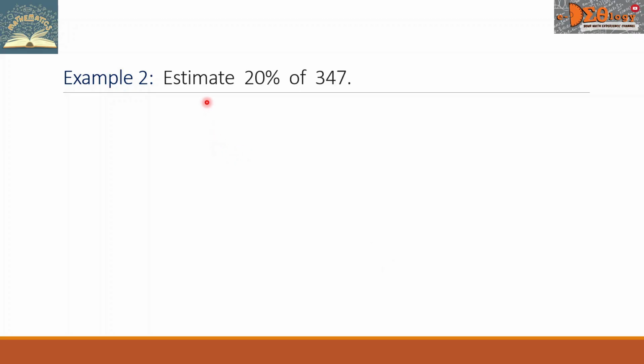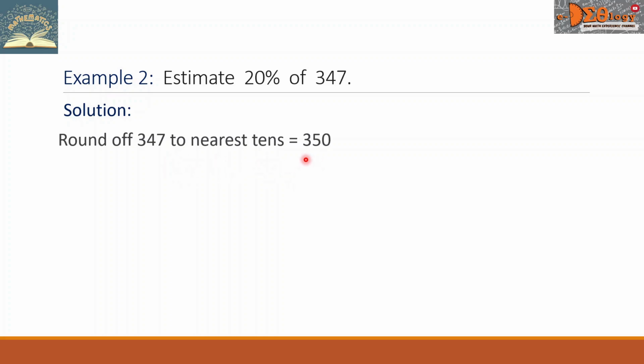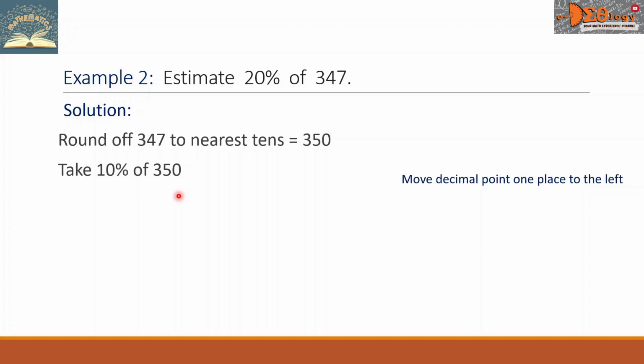Example 2. Estimate 20% of 347. We round off this 347 to the nearest tens. So we have 350. Now we take 10% of 350. We move the decimal point one place to the left. The decimal point is after 0, we move one place to the left, then we get 35.